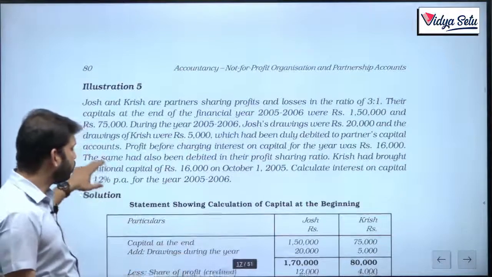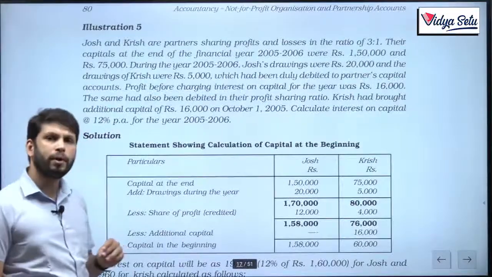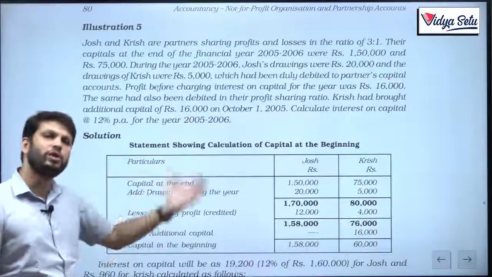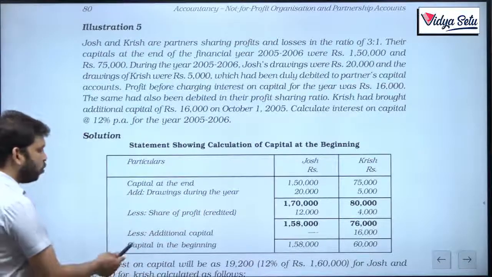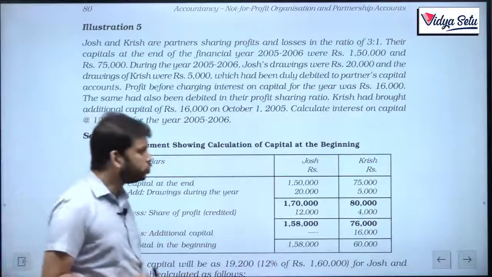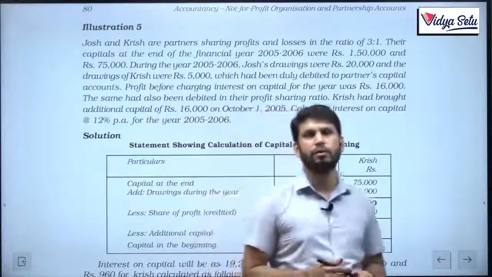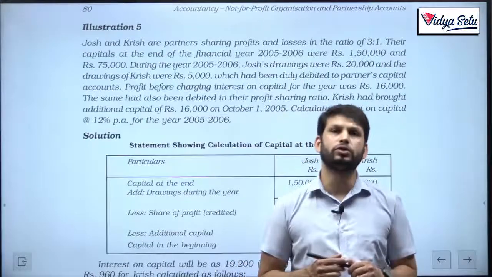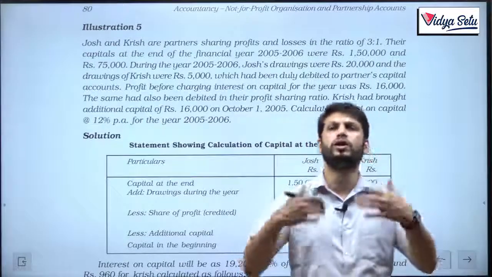So how do we arrive at opening from closing capital? Just reverse it. Generally, we learned that to opening capital we add whatever further capital the person has introduced and subtract the drawings or capital withdrawn. We'll just do the reverse of it.